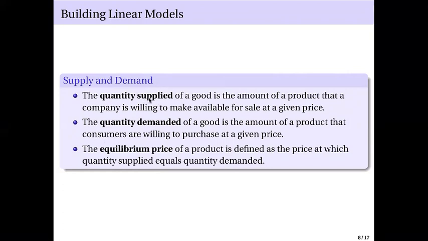Now, both supply and demand are related to the price of the product or the goods. And therefore, if they are both related to the price, then the quantity supplied and the quantity demanded can also be related to each other.